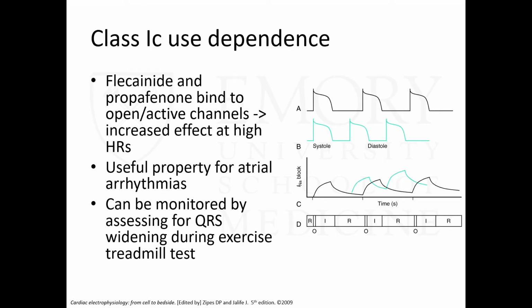So one of the things that we'll sometimes do in people who are on flecainide and propafenone is do an outpatient treadmill test to make sure that their QRS doesn't get too wide when they exercise and their heart rate goes up, to monitor for this phenomenon of use dependence. Because flecainide and propafenone can cause this use-dependent QRS widening, we also tend not to use them in people who have a baseline wide QRS unless they have a pacemaker. If they have a pacemaker, then you don't have to worry about it so much.